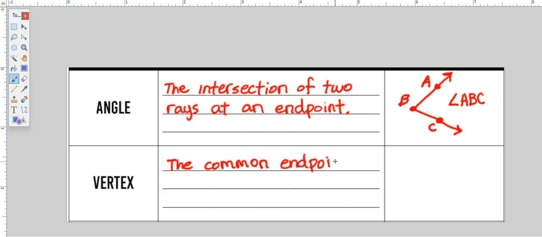So that endpoint that the two rays shared, that is the vertex, the common endpoint of an angle. So where the sides intersect.